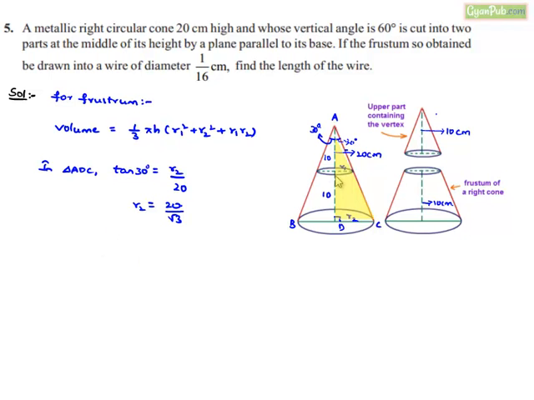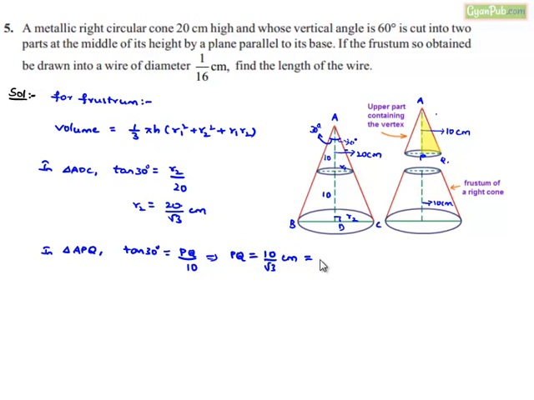Again, if we consider this shorter one, here the vertex is A and here consider some P and Q. In triangle APQ, we again apply tan 30 is equal to opposite side, here PQ, by height AP, that is 10, which implies PQ is equal to 10 into tan 30, that is 10 by root 3 centimeters.